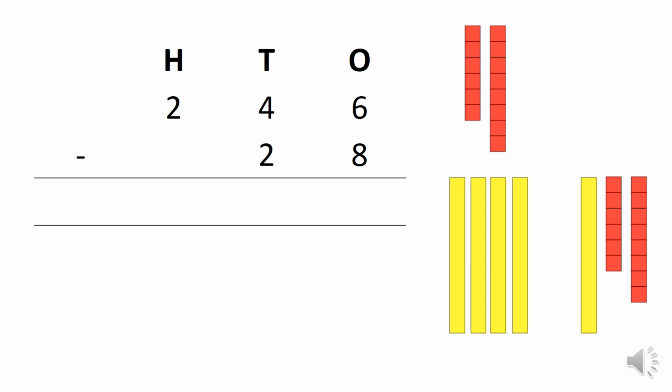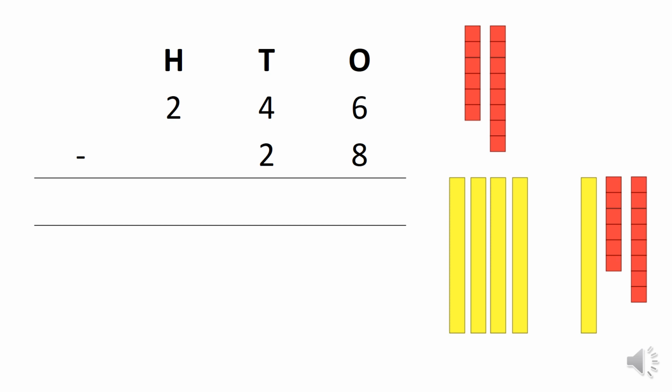Let's have a look at this one. Start at the ones column. Now, don't fall into the trap. I have got 6 ones. I want to take away 8 ones. Now, I can't do that, can I? Look over here, I've got 6, take away 8. I don't have enough.